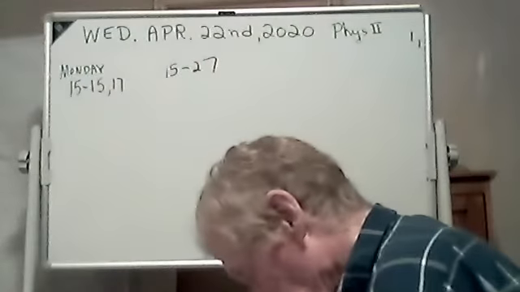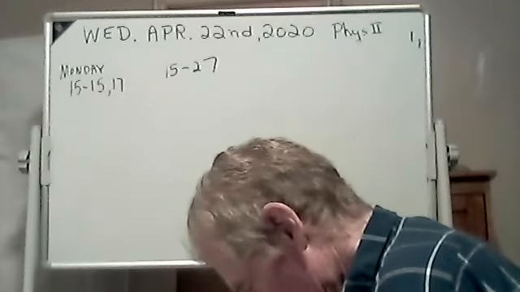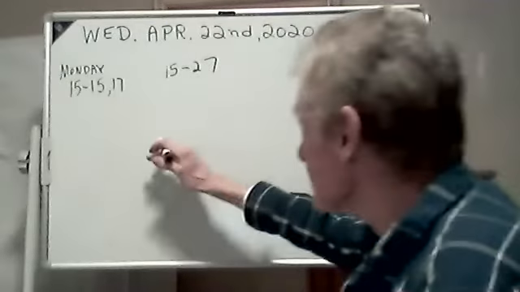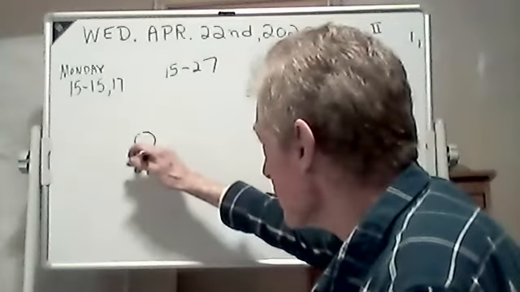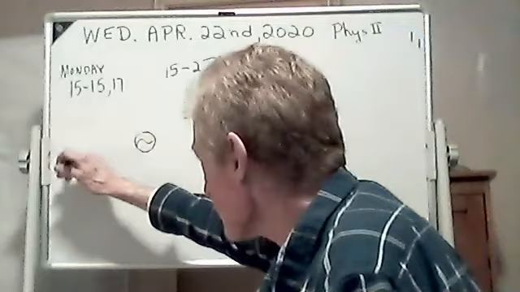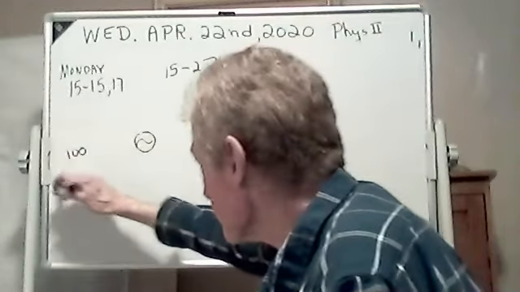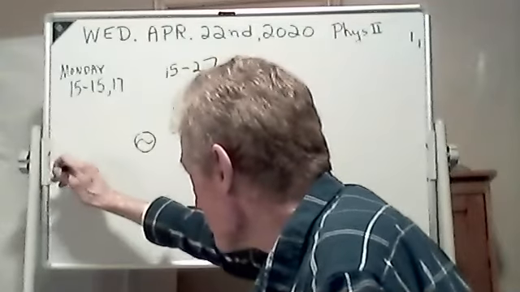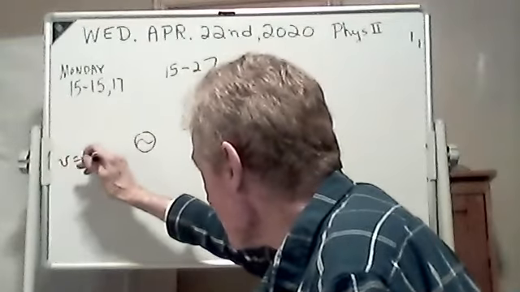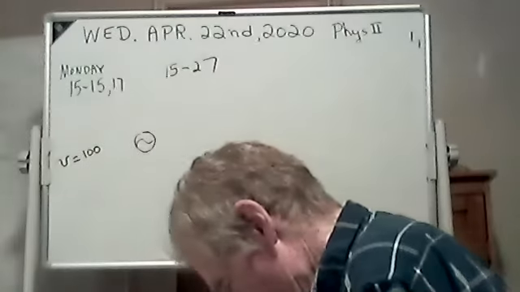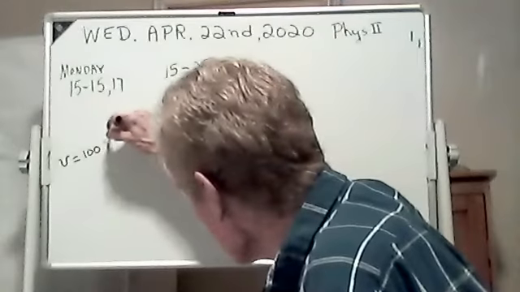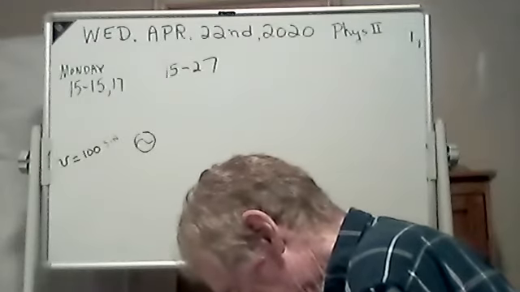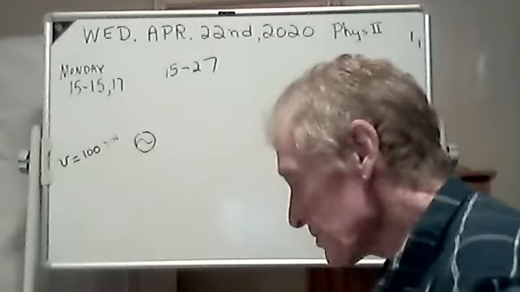And I'm going to draw the circuit now. It says we have a 100-volt AC circuit. Our voltage is 100 volts, and it will be a sine because it's 500 hertz.